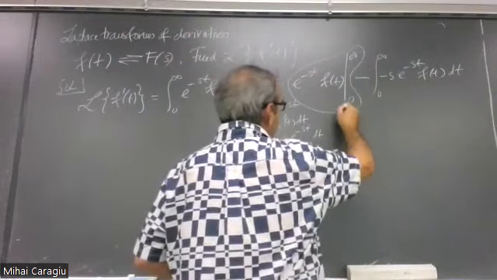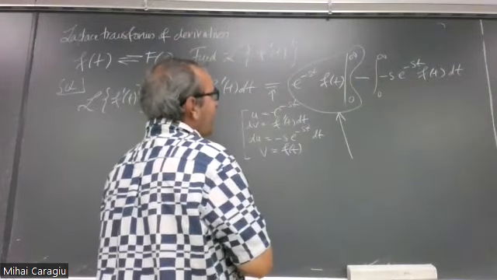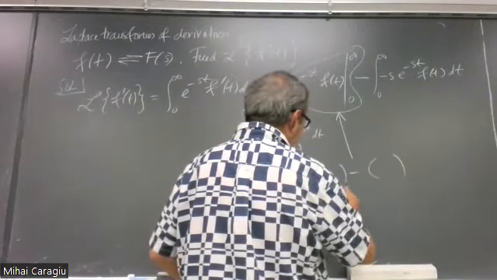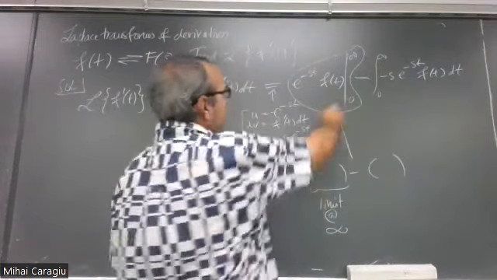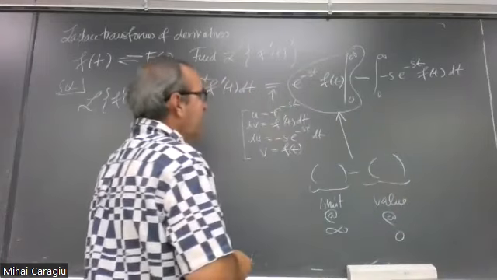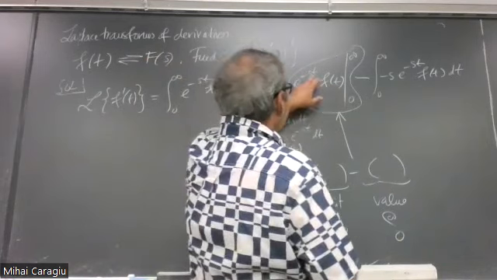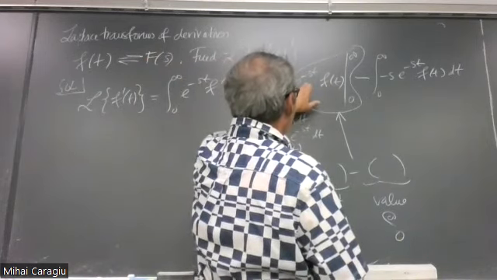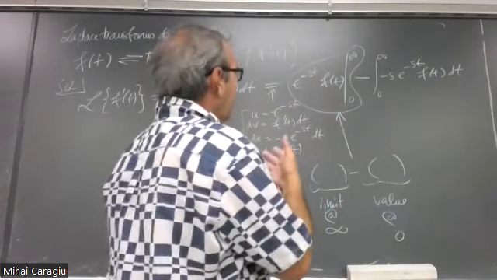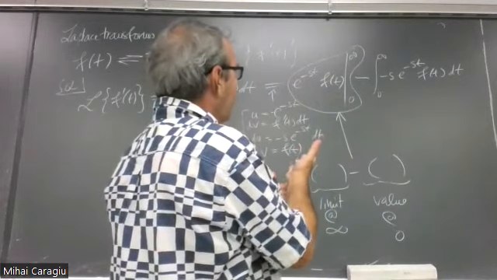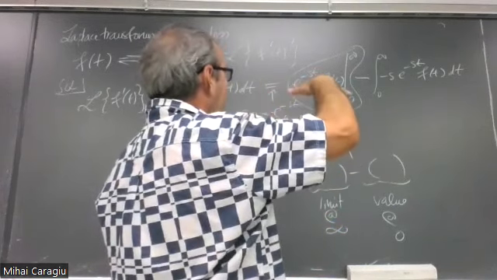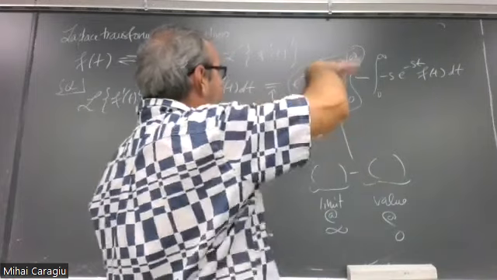So what would this be? The limit at infinity minus the value at 0. Okay, let's see the limit at infinity. In any case, for s large enough, this negative exponential beats the potential exponential growth of f of t. Because even if the function transformed by the Laplace transform has a Laplace transform, its exponential growth is bounded by some exponential, so it cannot go farther than some exponential growth.